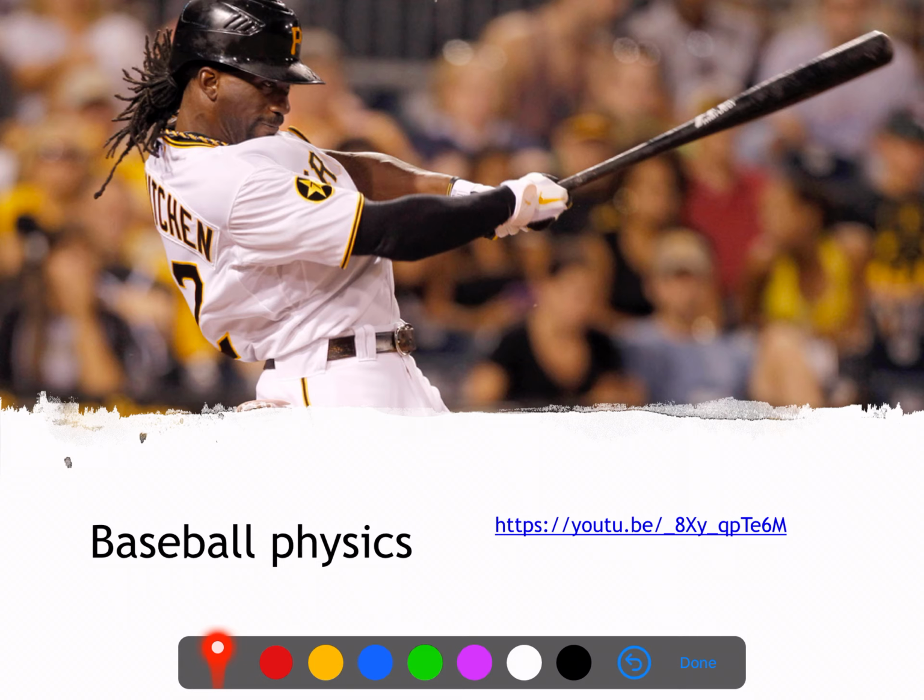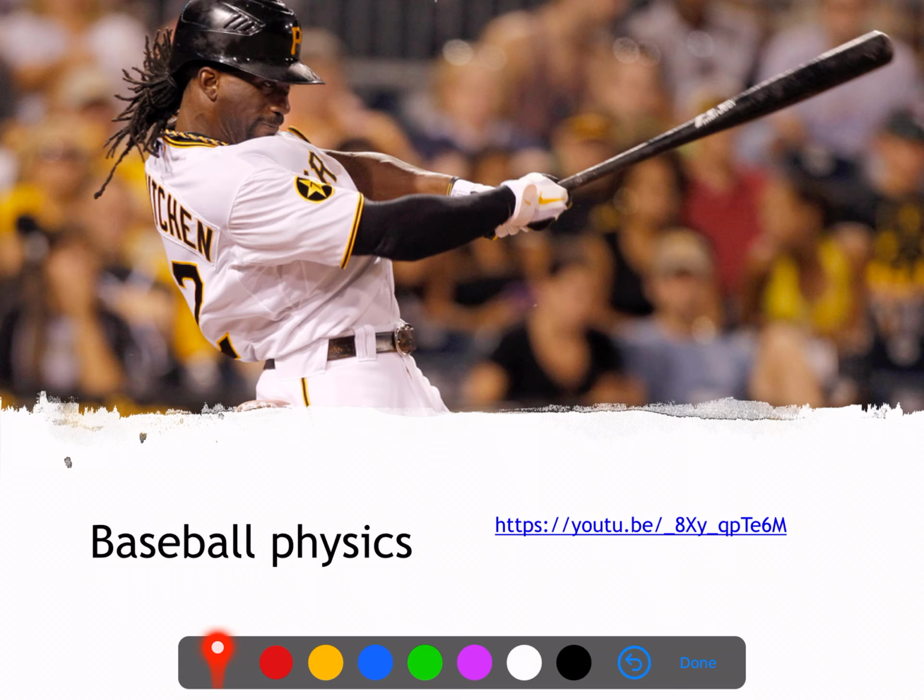We're going to satisfy ourselves with just one example related to baseball. But before I get into that, I want to introduce yet another specialty equation that you can use whenever you're dealing with projectile motion. Now, bear in mind that this equation is nothing more than combining the equations that you've already seen, so it's nothing new in that sense.